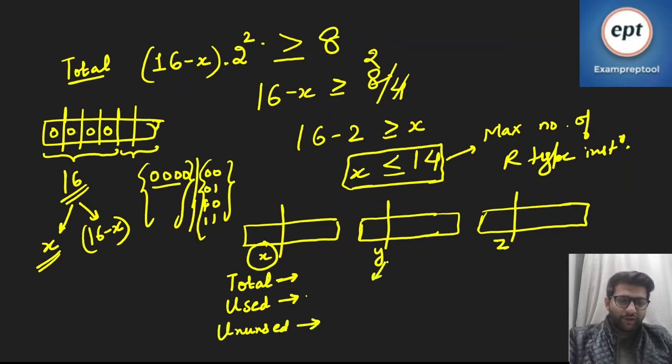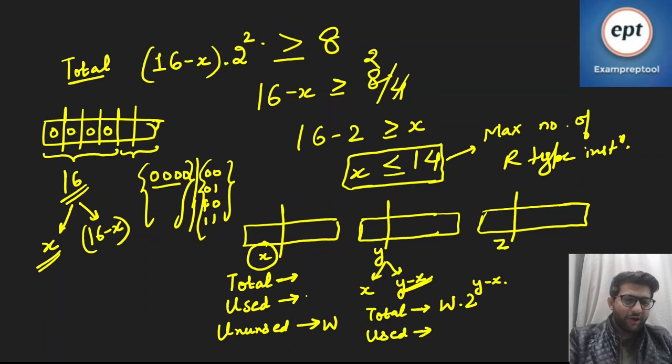Now, let's say Y is the second biggest value. Out of these Y bits, X bits have been used, then Y minus X bits were remaining. So the total will be, let's say if the unused were w, then w into 2 power Y minus X. Then again, we know the used number of the second type of instruction, or if we have to calculate it, just take it as a variable and then calculate the unused.